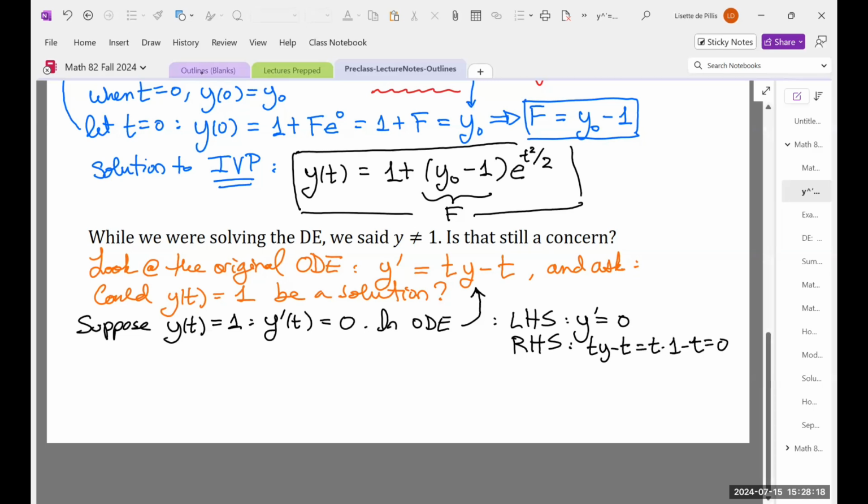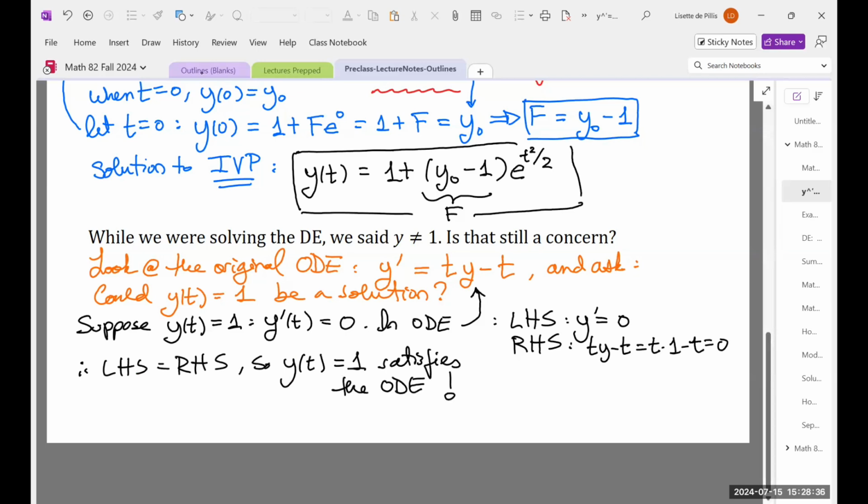So 0 equals 0, so everything fits. Therefore, the left-hand side equals the right-hand side. So y of t equals 1 does satisfy the ODE. Hooray. Okay, so y of t equals 1 is actually going to be fine.